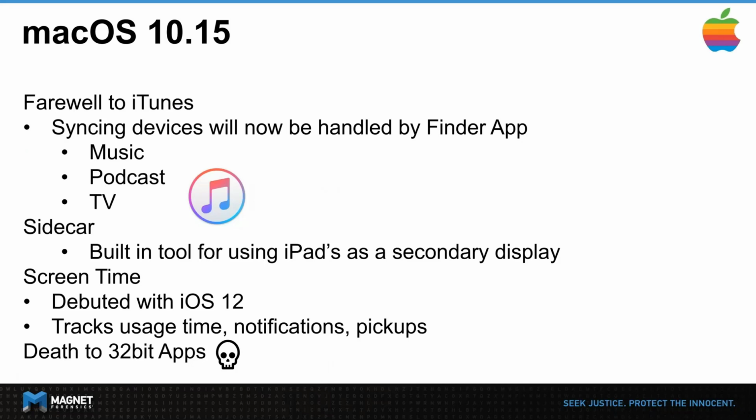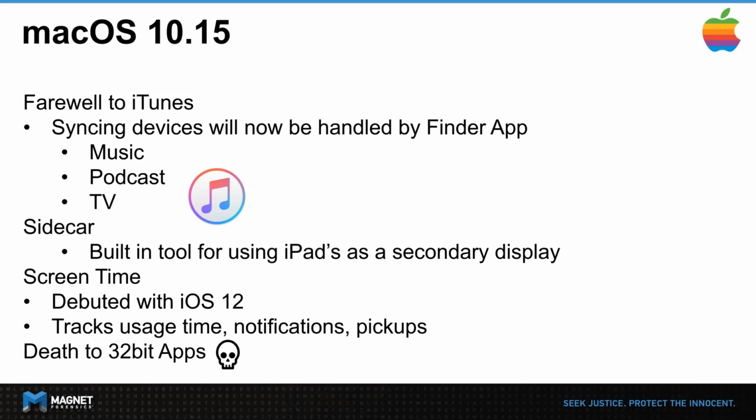So macOS 10.15, Catalina. So farewell to iTunes. iTunes is gone now. The syncing of devices is all handled by Finder. And instead of having iTunes that kind of supports everything, we have a separate music, podcast, and TV app now that's associated with the Macs. We also have Sidecar built in, so using iPads as that secondary display. And we have Screen Time, which has been around now for a little bit with iOS.